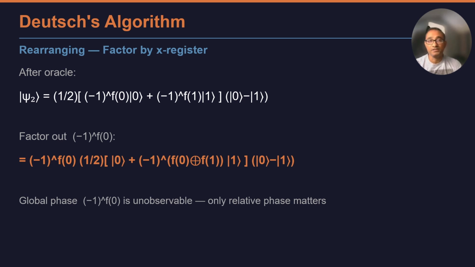Now, if you rearrange this equation around the X register, you will end up with an equation, as you can see, and you can factor out the -1 raised to the power f of 0, because it's a global phase, it's unobservable, and what is important for us is that only the relative phase between the states matters.